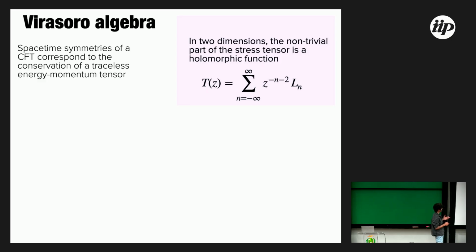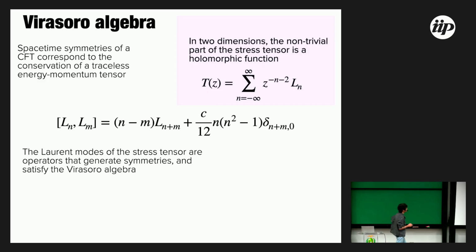And you can expand a holomorphic function in a Laurent series. And the coefficients of the Laurent series will be your conserved charges. Since you can make up any function, the only thing is that it must be holomorphic, you have an infinite number of charges. These are the infinite symmetries of 2-dimensional CFT.